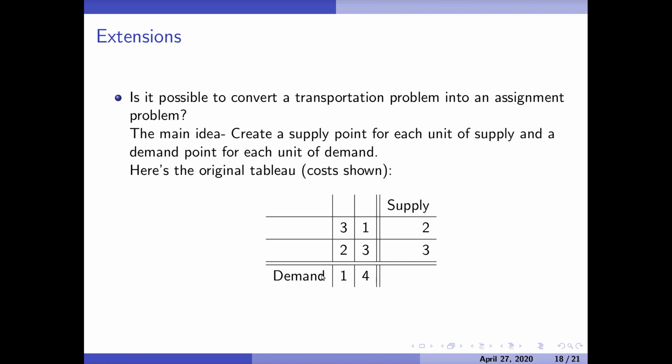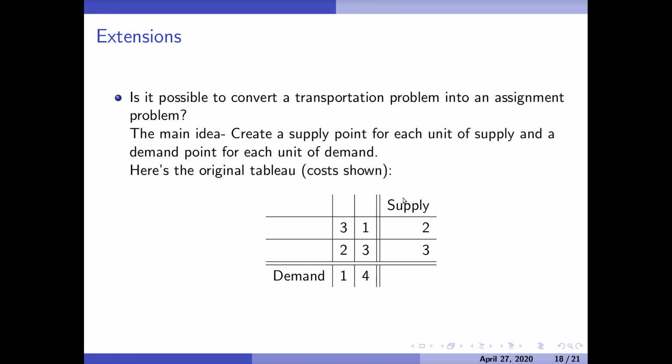Okay, so the way to deal with this, if I really wanted to convert it into an assignment problem, is for each demand, I would have to split this up. So I would have 4 columns, 1 for each of these demands. This one's already just got 1. The supply would have to be split into 2, so I would have a supply of 1 and 1 with the 3, 1, 3, 1. And the 3 here would be 1, 1, and 1, so that would be 2, 3, 2, 3, 2, 3.